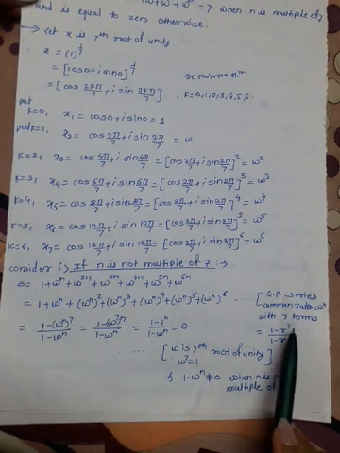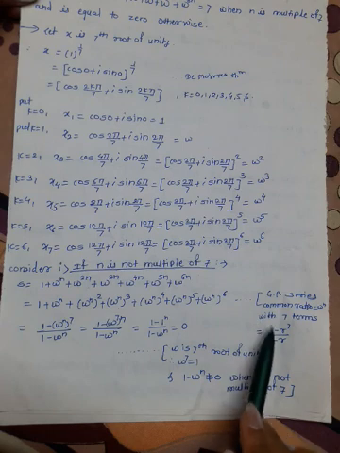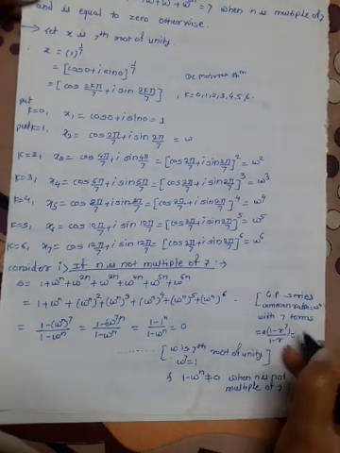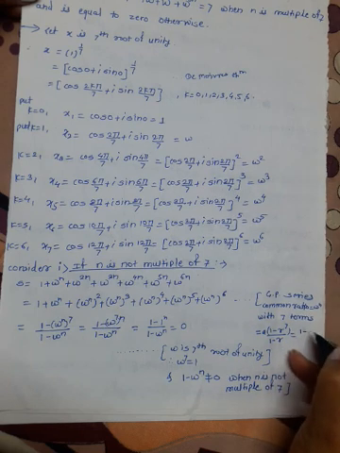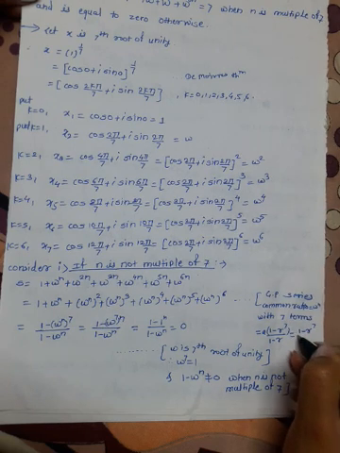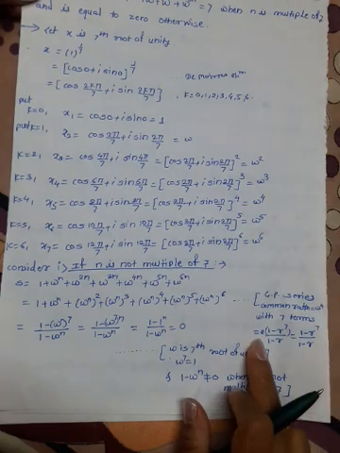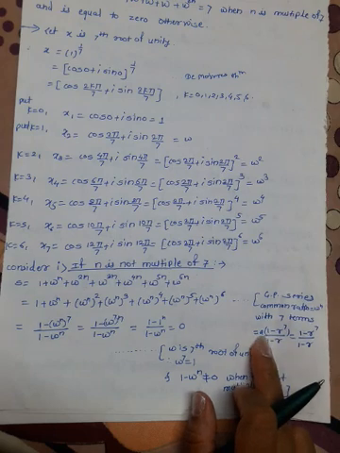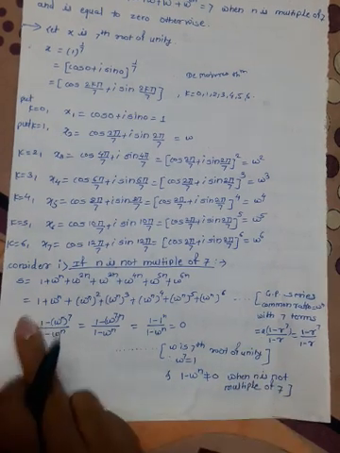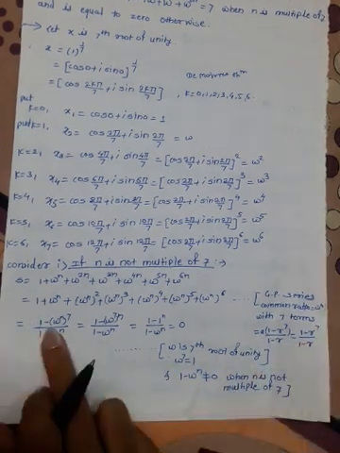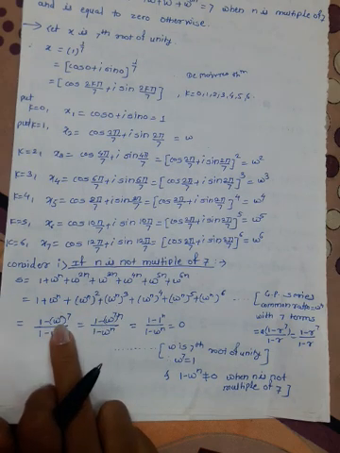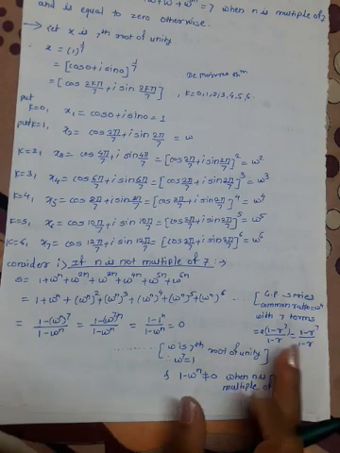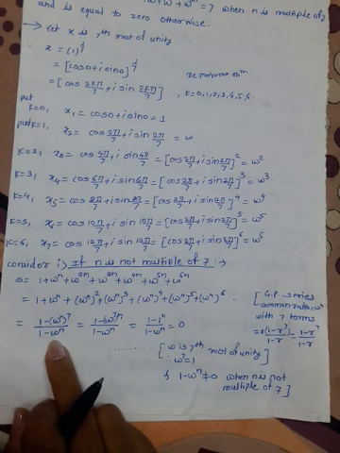Therefore the sum of the series will be a into 1 minus r raised to 7, divided by 1 minus r, where r is the common ratio and a is the first term. That is, 1 minus omega raised to n, raised to 7, divided by 1 minus omega raised to n.